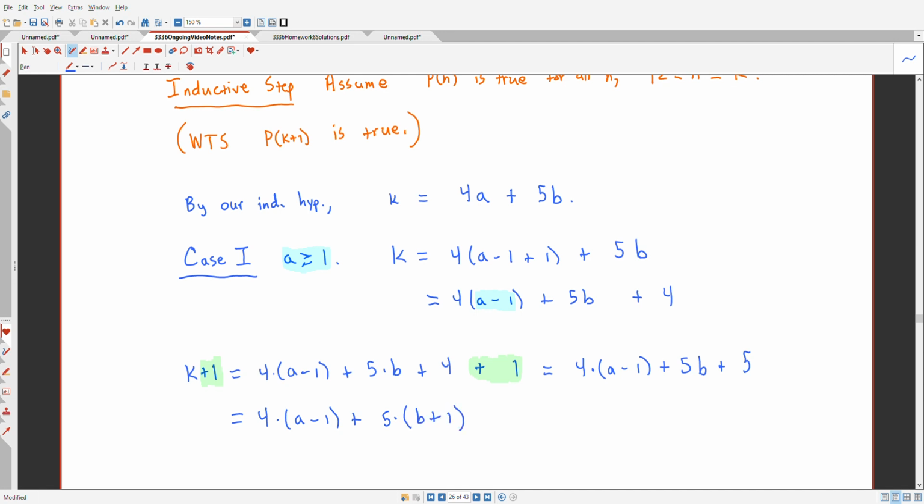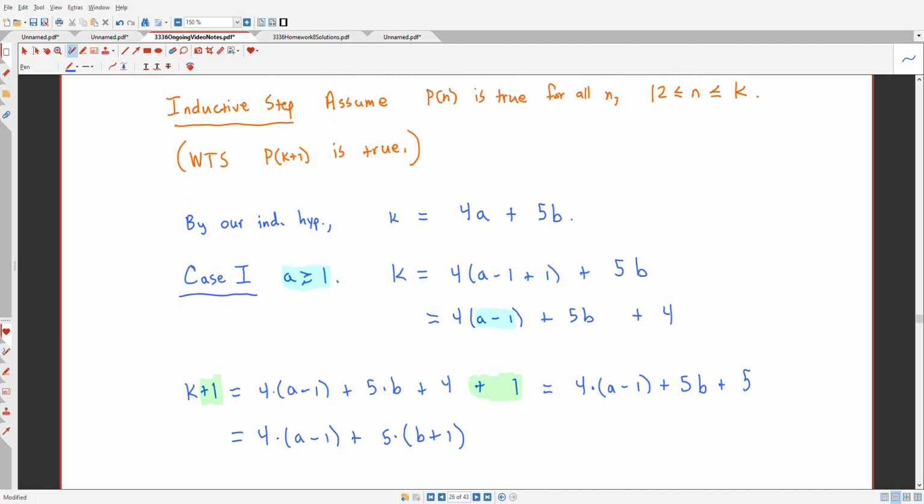And look at what we've said here. If we can create k cents of postage using a 4-cent stamps and b 5-cent stamps, then in this case we can create k plus 1 cents of postage using a minus 1 4-cent stamps and b plus 1 5-cent stamps.